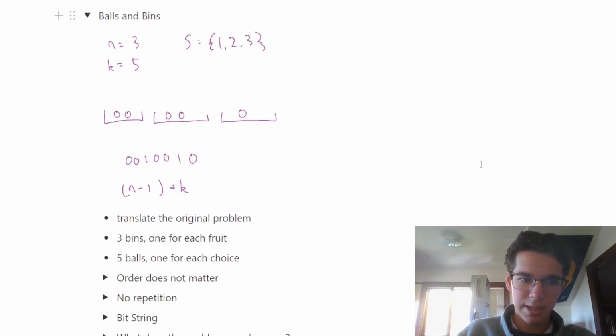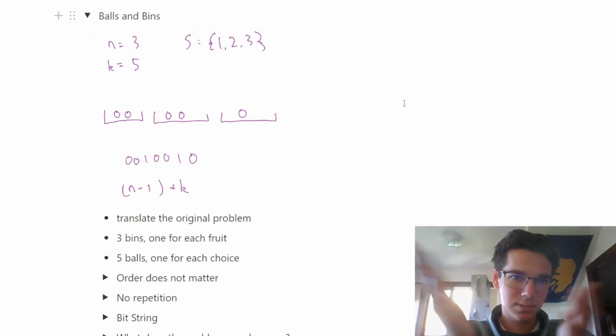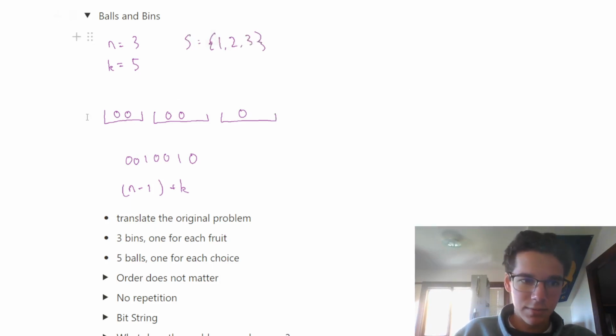And we're going to represent it as this bit string where zeros represent balls and ones represent walls, basically the separation between each bin. So in the first bin we have 2 balls, and then there's a separation, and then 2 more balls, separation, and then 1 more.